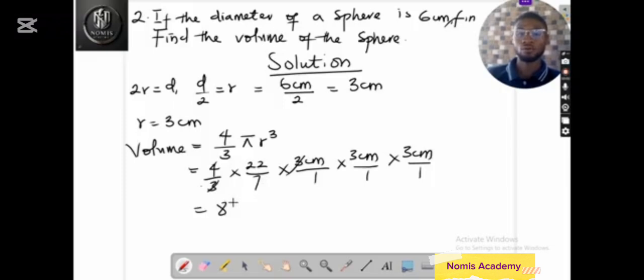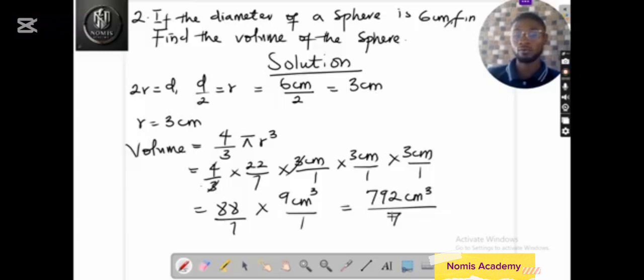So multiply by, I'm left with 9 here, 9 centimeter cube, because I have centimeter cube over 1. So 88 multiplied by 9 is 792 centimeter cube. How? 9 times 8 is 72. I'll write 2 and keep 7. 9 times 8 is 72 plus the 7 I kept, 792 centimeter cube all over 7.